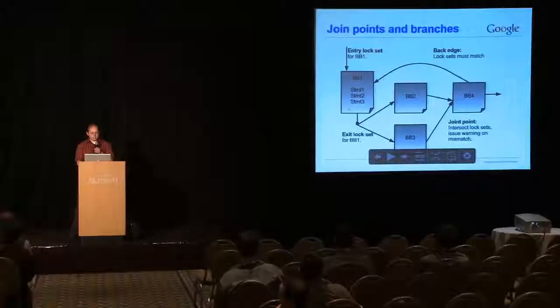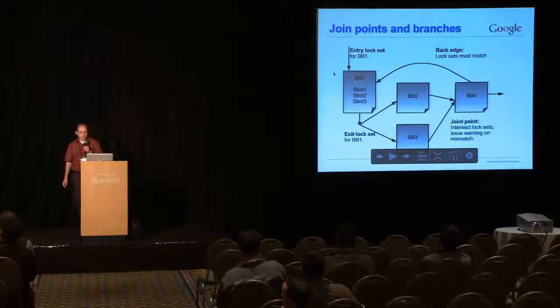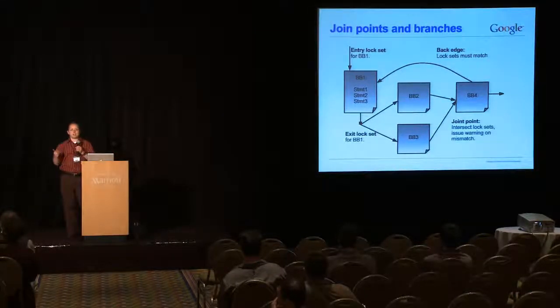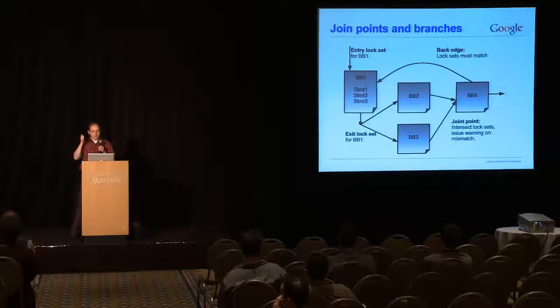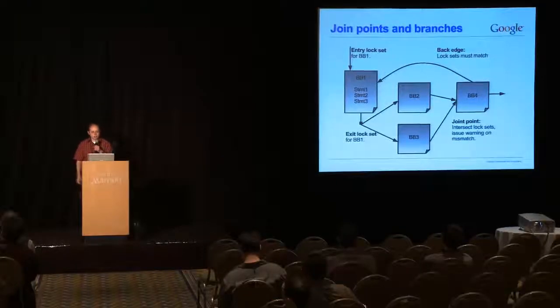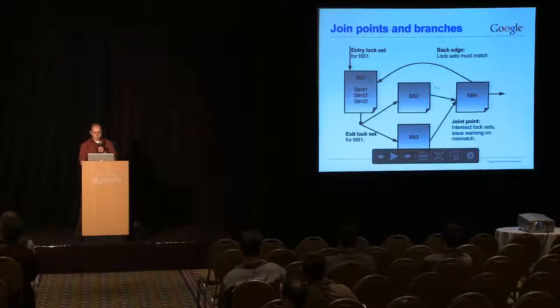So here's an example. We've got a bunch of basic blocks in our control flow graph. For every block we have an entry set, which is the set of locks held on entry to the block, and an exit set. And the exit set is then propagated to the successors of that block. Two things that you need to handle are, first of all, join points.